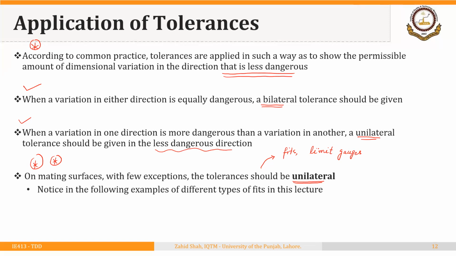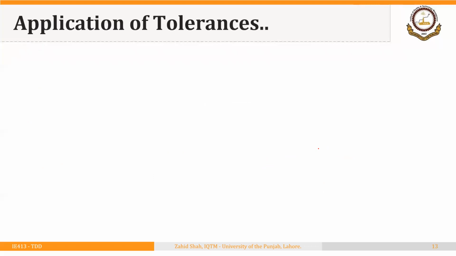So in such cases, the tolerance will be unilateral. That is why the basic hole system that we will be using will be having unilateral tolerances, and similarly the standard that we will be using for the design of limit gauges will also be using unilateral tolerances.